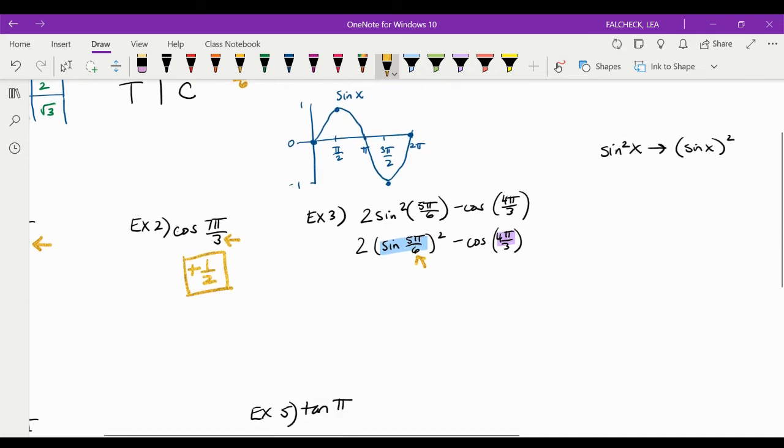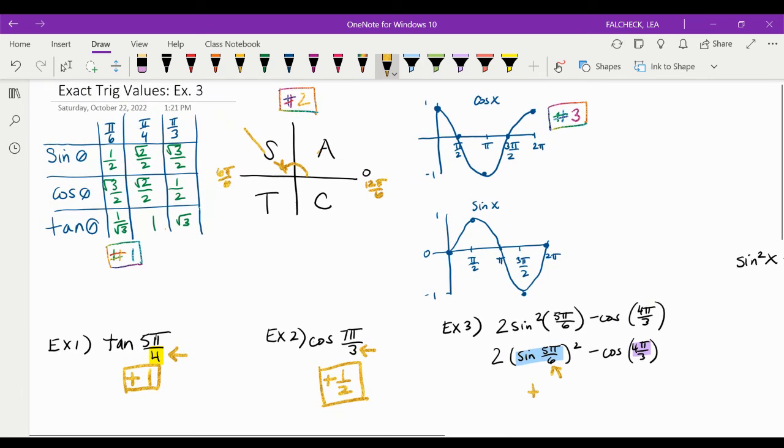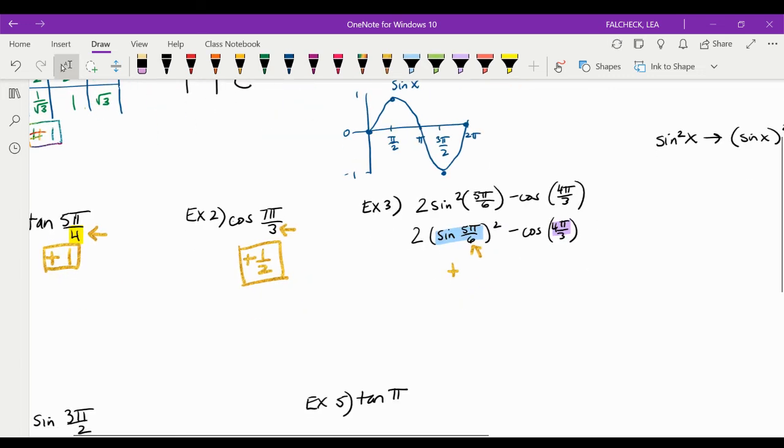So I know that I'm going to be squaring some positive guy. So let's look on our common trig ratios chart in the column of pi over 6. What do we have for sine? 1/2. So I'm going to be squaring a positive 1/2. Cool. And there's a 2 out front.